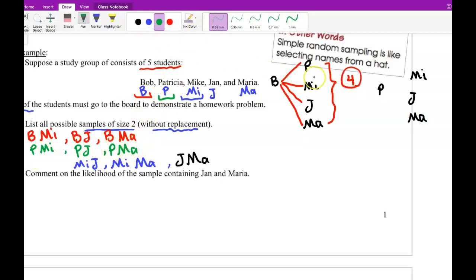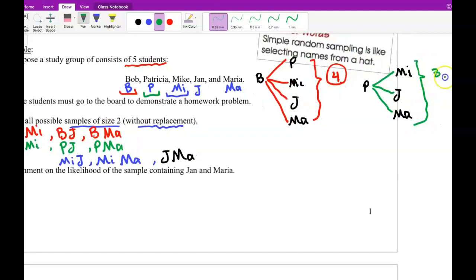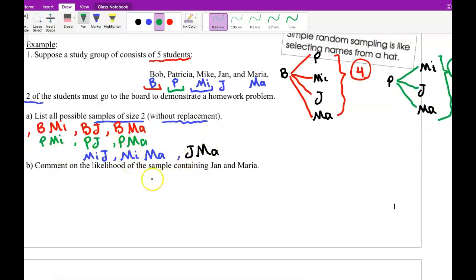We have green color, and I had 3 possible samples for this part. Then after that, we started here. We have Mike, and then Jane, Maria. I use black color for these.